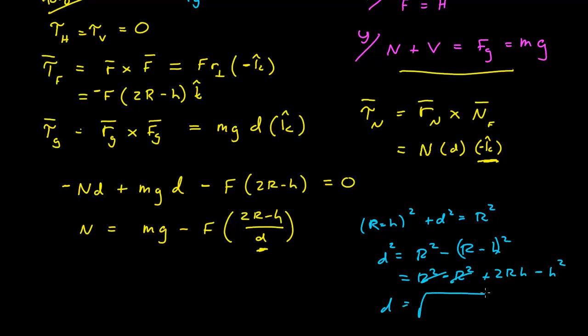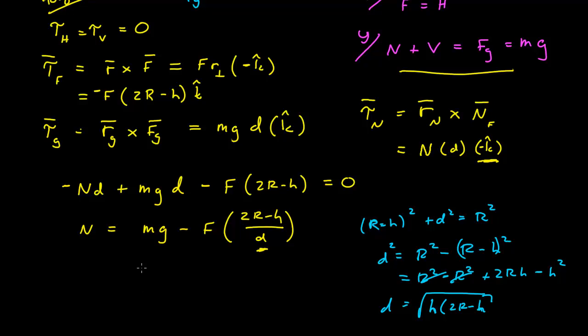So d is equal to the square root of, I factor out an h, h times 2r minus h. Okay, a little complicated, but not too bad.